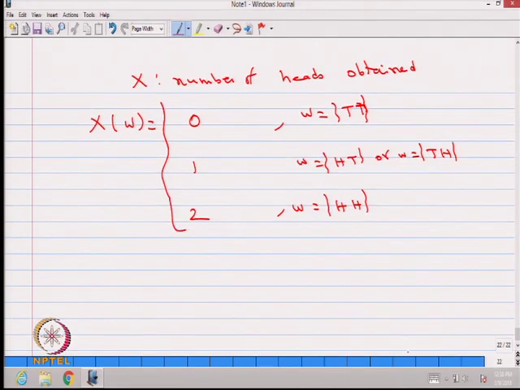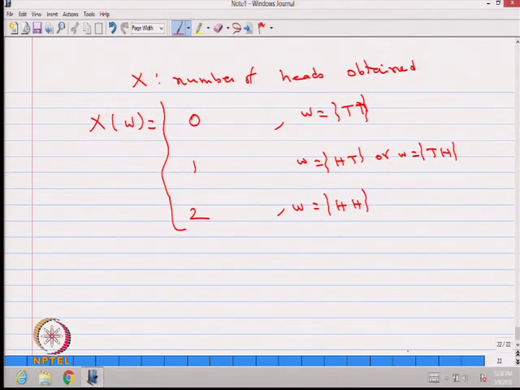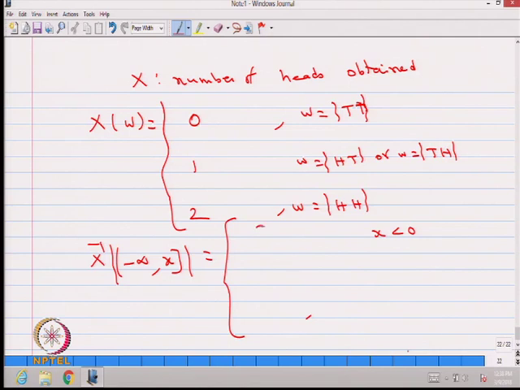One can verify whether this real valued function is going to be a random variable or not. So, if you go for finding X inverse of minus infinity to x, since the possible values are 0, 1 and 2, when x is less than 0, you do not have any possible outcomes, therefore it is an empty set.